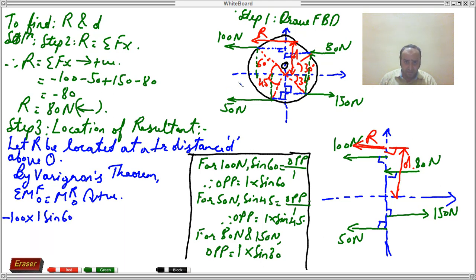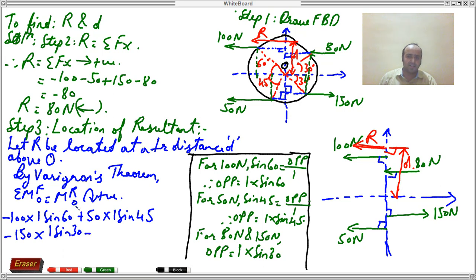Same way, 50 Newton is causing the body to rotate in clockwise sense, so 50 into 1 sine of 45. Same way, for the forces of 150 and 80, 150 is again causing the body to rotate in anti-clockwise sense, minus 150 into 1 sine of 30.